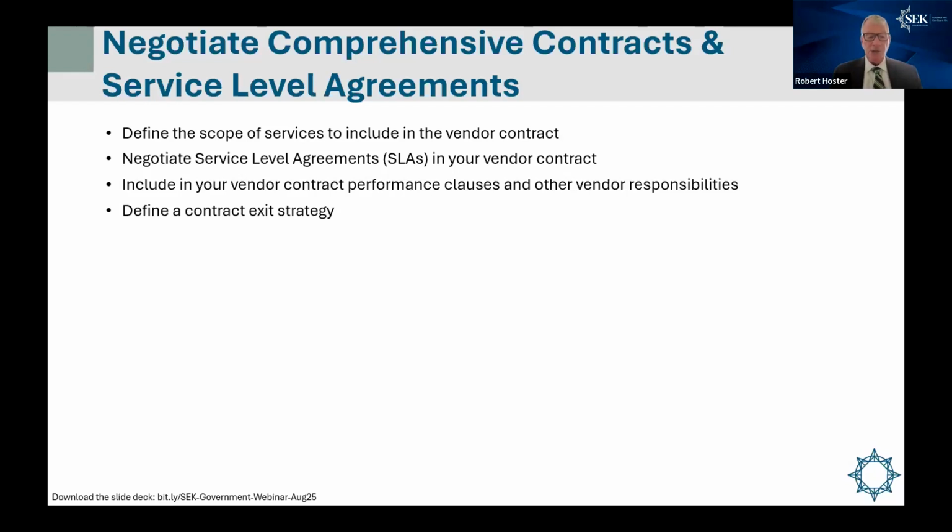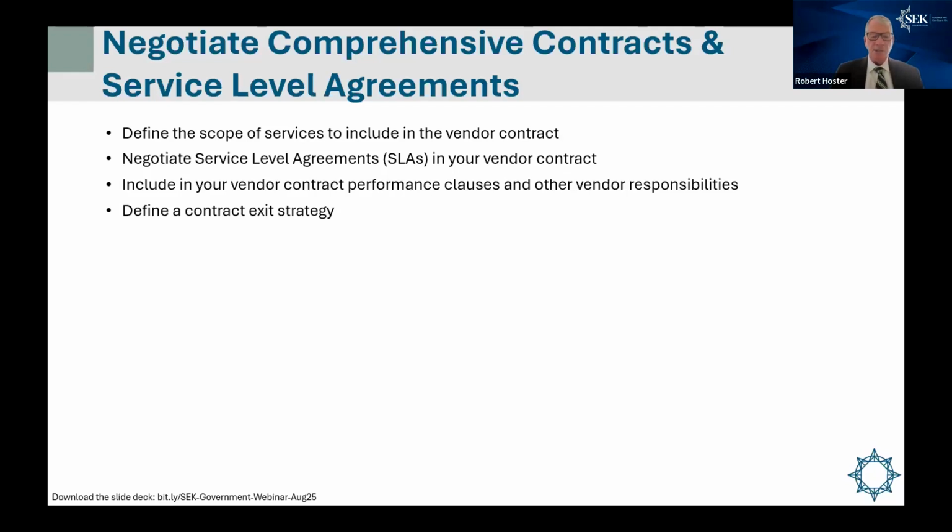And it's important to negotiate robust service level agreements that would specify certain things such as availability, specific performance metrics such as uptime, response time, and resolution time for issues, and any penalties for possible non-compliance with the provisions of the contract.